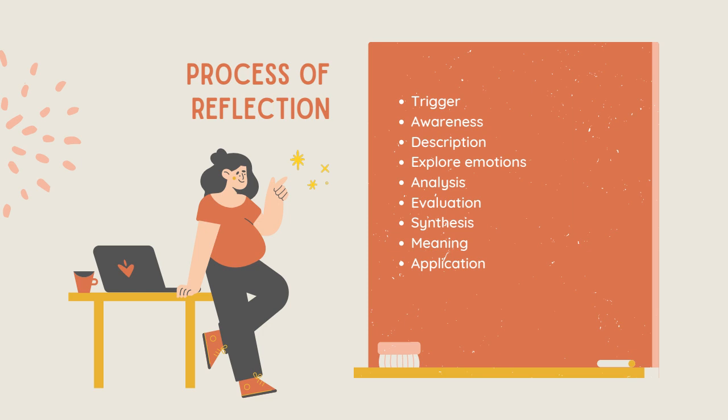Once you've unpacked the actual moment or the actual trigger with its relevant emotions, you try and identify any other underlying factors or anything else that would influence this moment. So try and analyze your reaction or your decision.